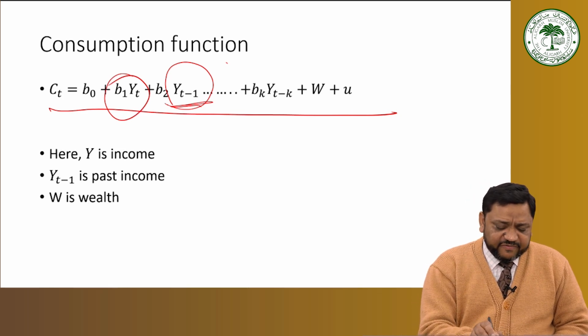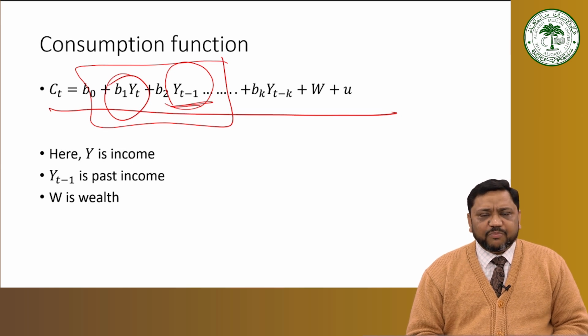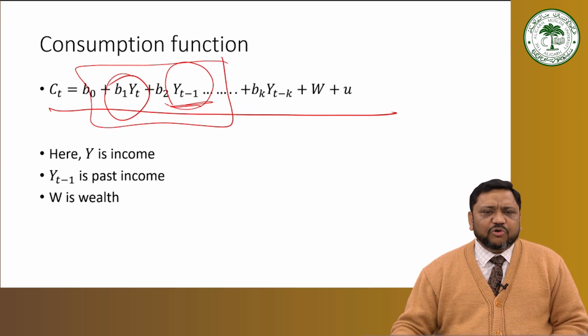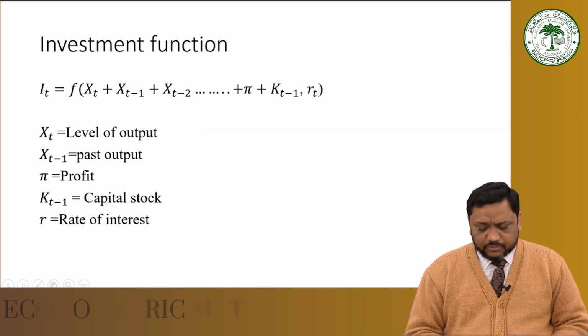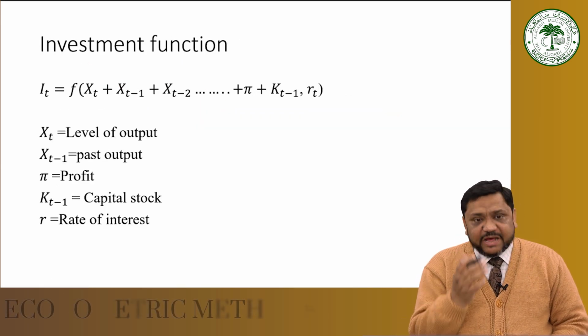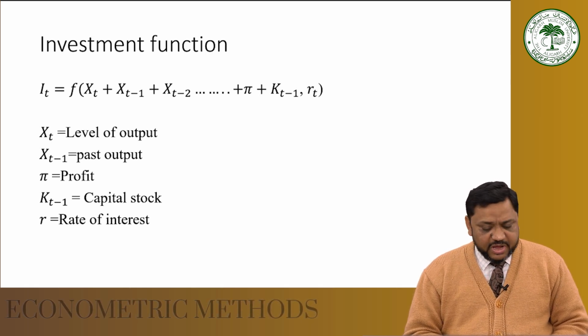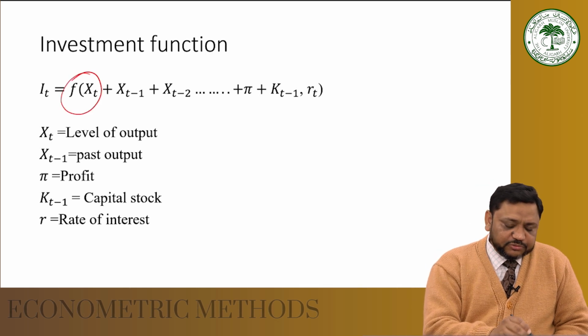But our main emphasis in today's lecture is on this particular component, that is, the consumption of today. It depends upon what your income was in previous years also. Another example over here is of the investment function. Investment is a function of output.